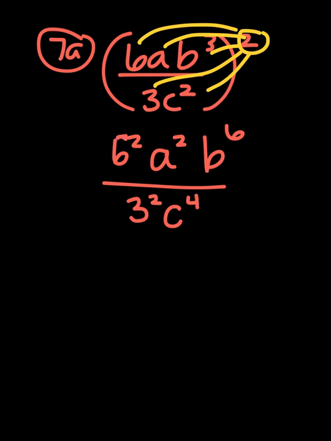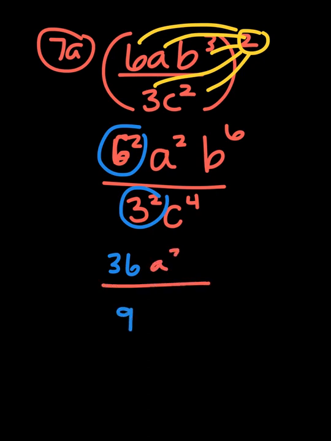And just to clarify, this is a 6 squared. So I'm going to do out the actual numbers 6 squared and 3 squared, which is going to give me 36 and 9, a squared b to the 6th with c to the 4th in the bottom.